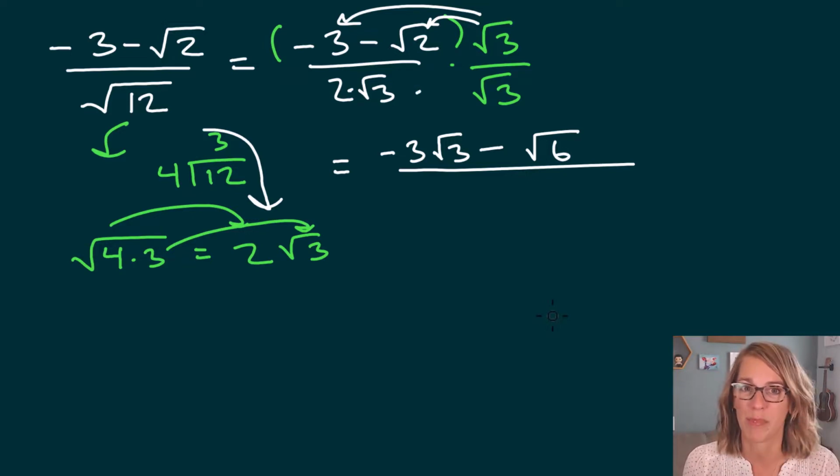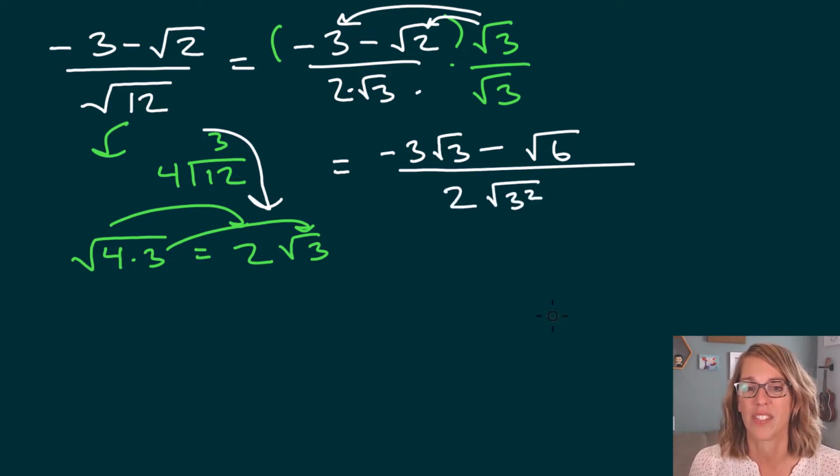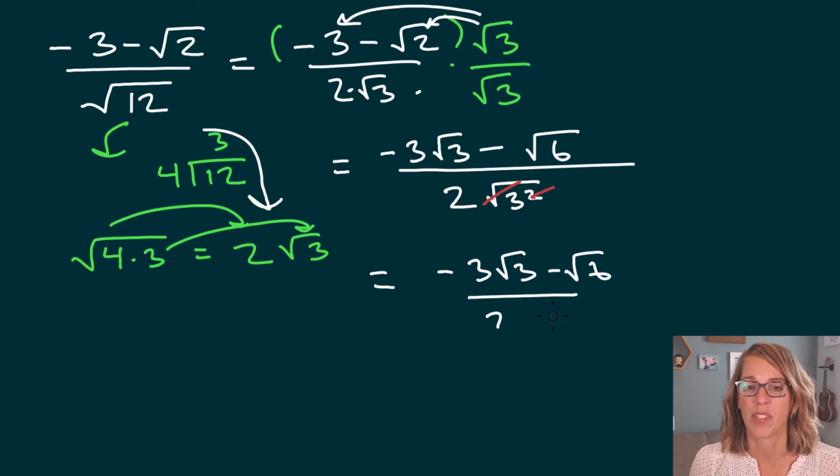I've got a 2 times a radical 3 times a radical 3. So this is going to be 2 times radical 3 squared, which is perfect because I can undo the square with the square root, and I end up with my rationalized form. So I've got negative 3 radical 3 minus radical 6 divided by 2 times 3.